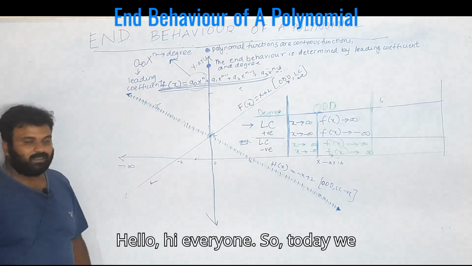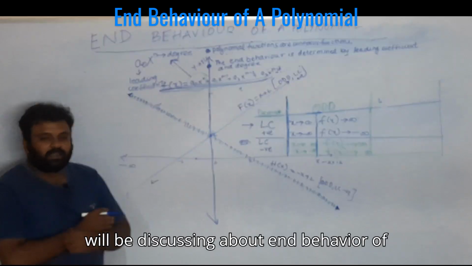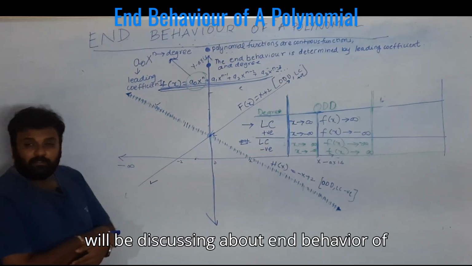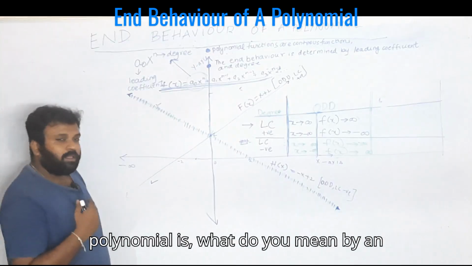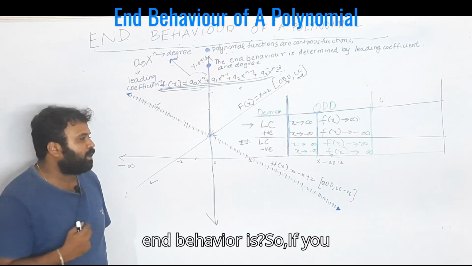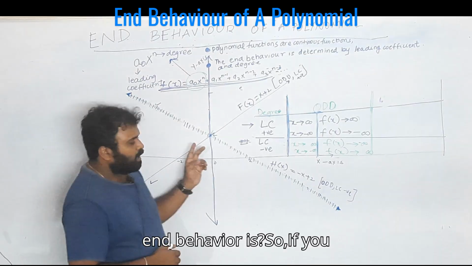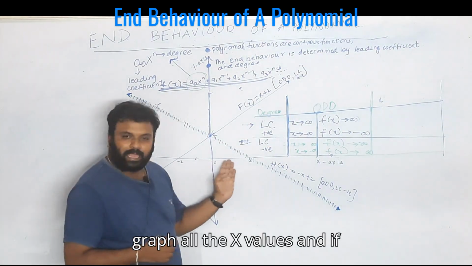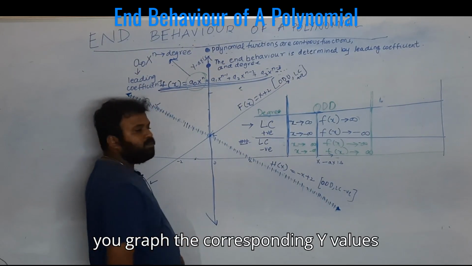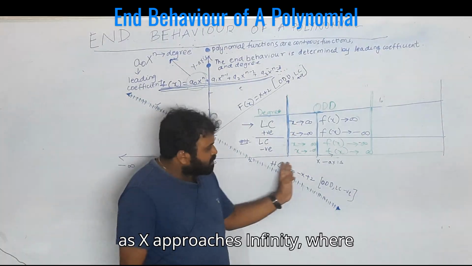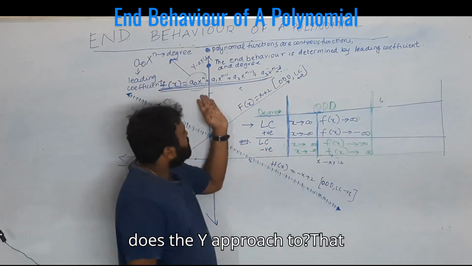Hello, hi everyone. So today we will be discussing the end behavior of a polynomial. What do we mean by end behavior? If you graph all the x values and the corresponding y values, as x approaches infinity, where does the y approach?